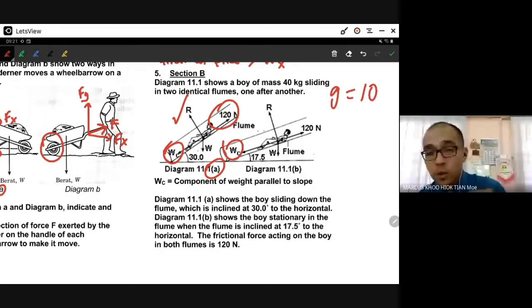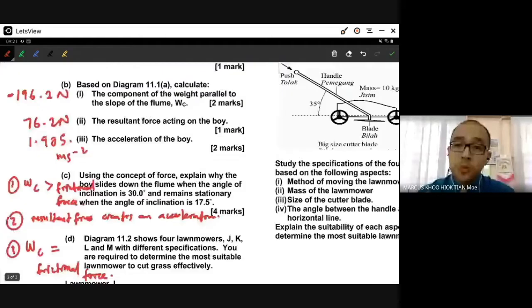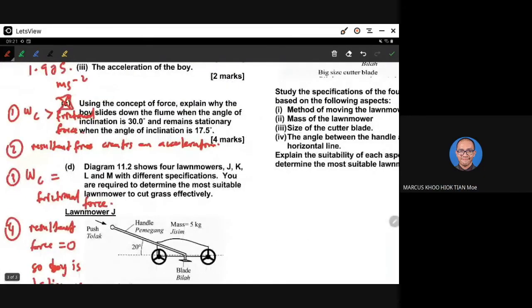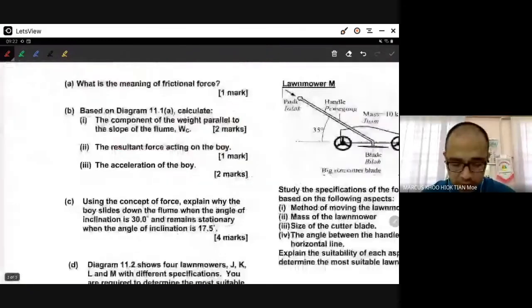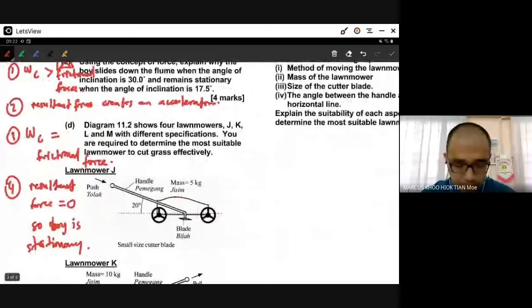But nowadays we don't use g equals 10. Okay, g equals 9.81. So actually I forgot to mention, you didn't have to answer this question. Yeah, I know it's a very strange question. When you calculate, there's a slight difference, but the point is still the same.